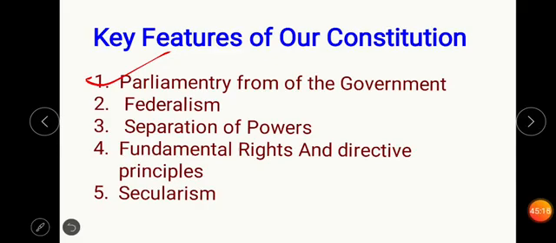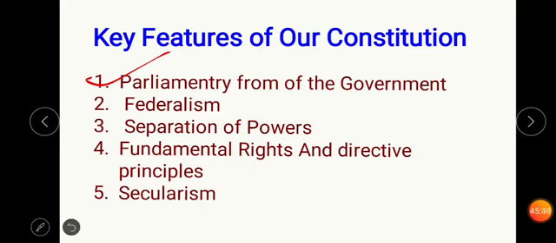However, their position is ceremonial. Understand? Ceremonial. In India, most of the work is done by the Prime Minister, while the authority rests with the President.